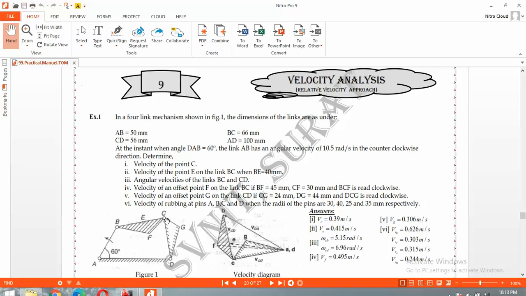But see, point C has to fulfill two constraints. BC distance is given as 66 mm, and CD distance is given as 56 mm.